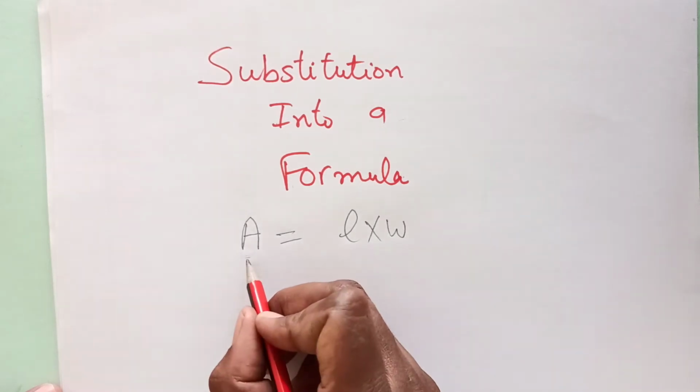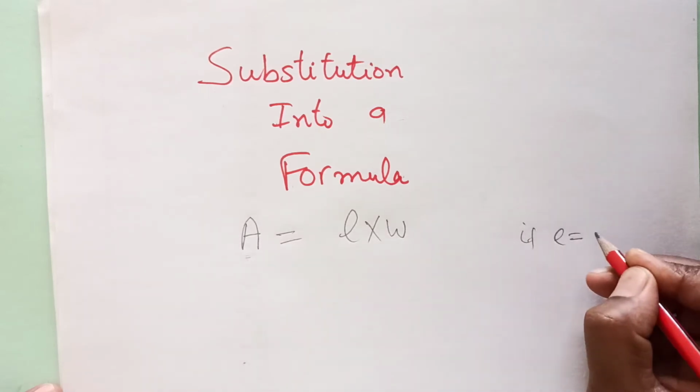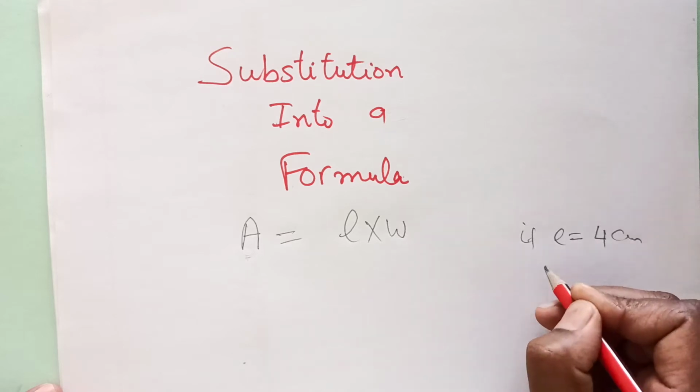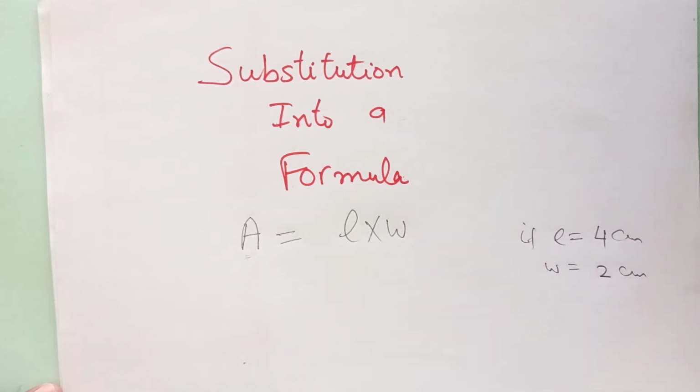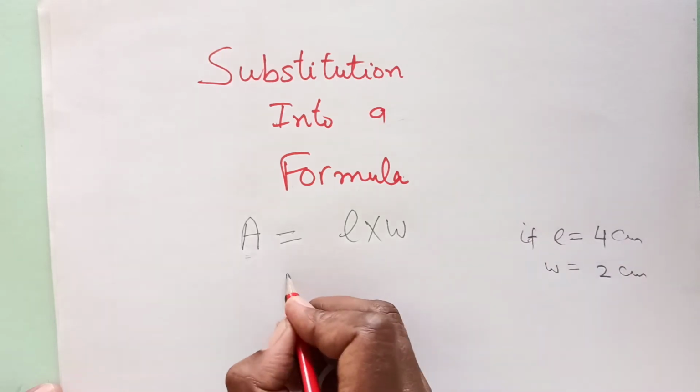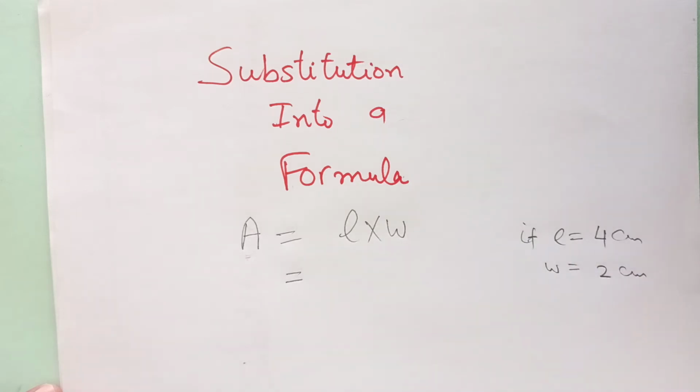We need to know the area of a rectangle if, let's say, length is 4 centimeters and width is 2 centimeters. Then we will use the same rules. We are going to replace the variables by the numbers that you are given.